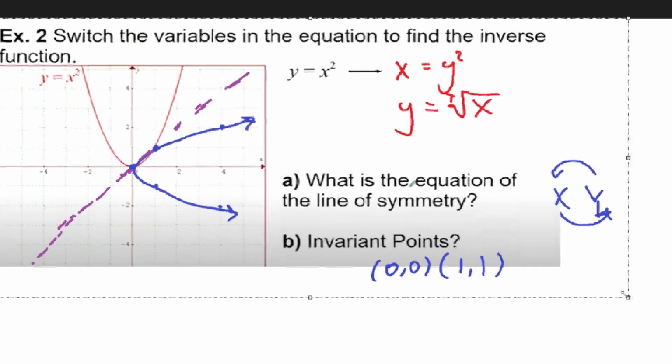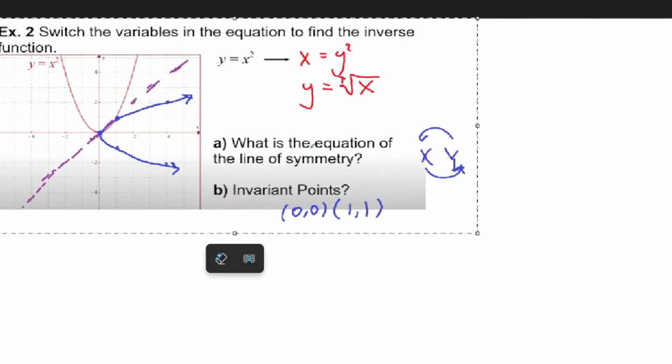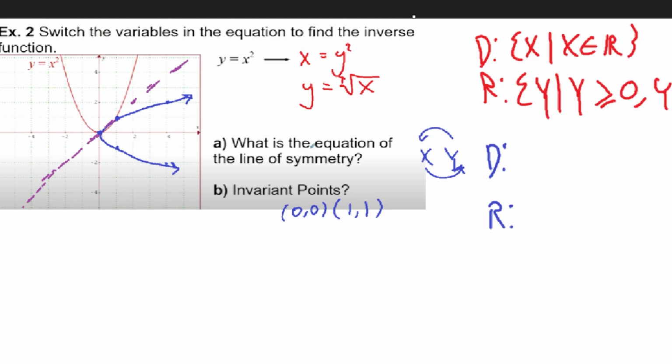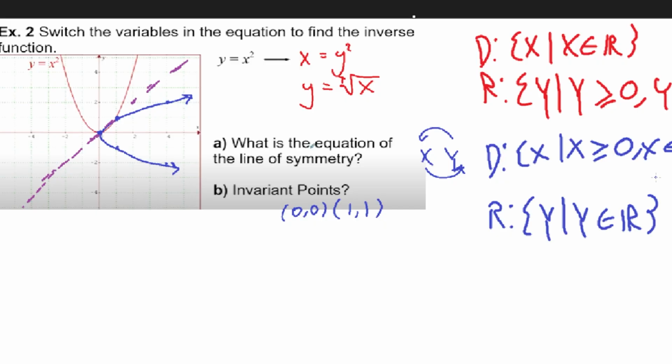Now, what's the domain and range before and after? Let's do that. So all we do is just switch it.